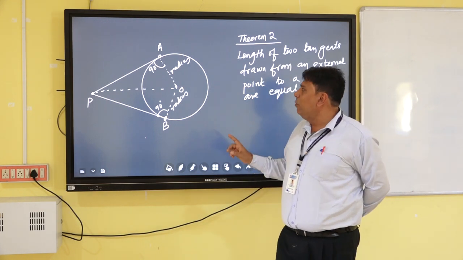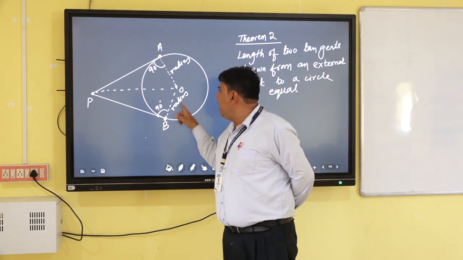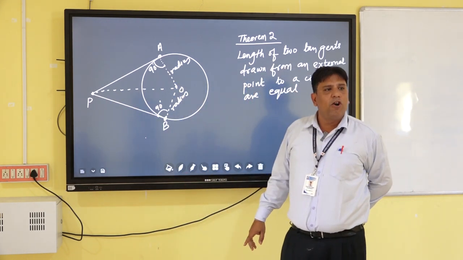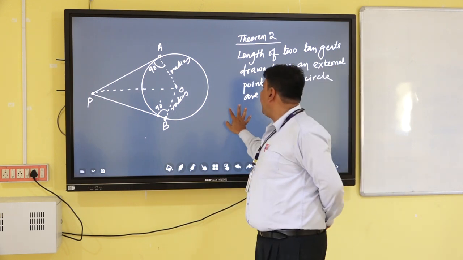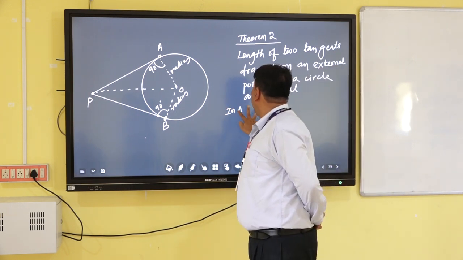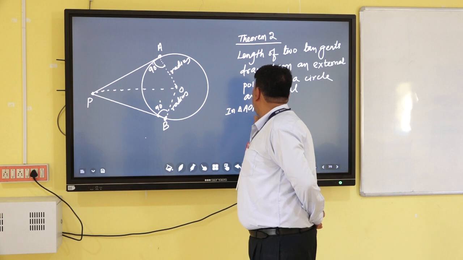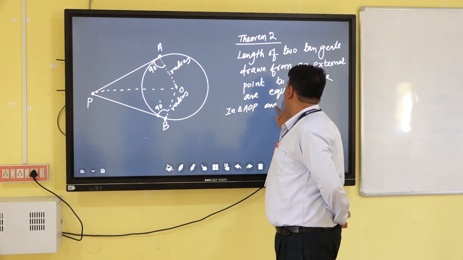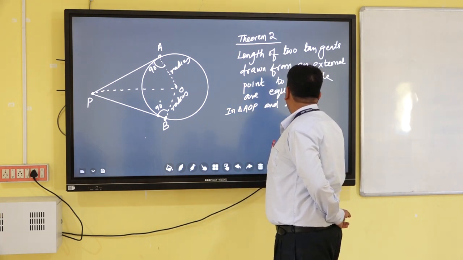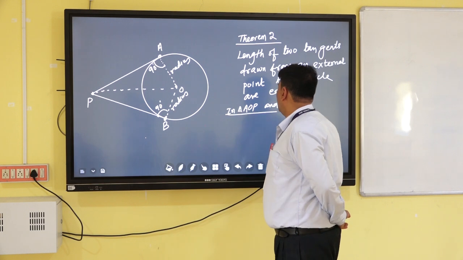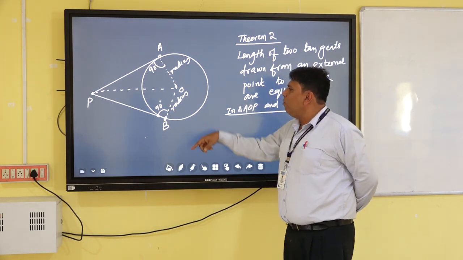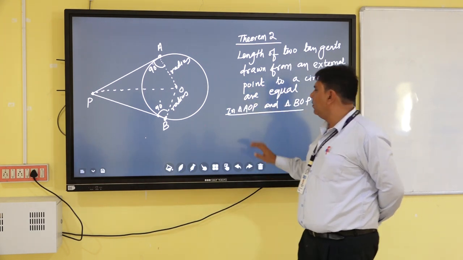Now let us try to prove triangle AOP and triangle BOP are congruent to each other. So let me write, in triangle AOP and triangle BOP, OA and OB are equal to each other. Why?